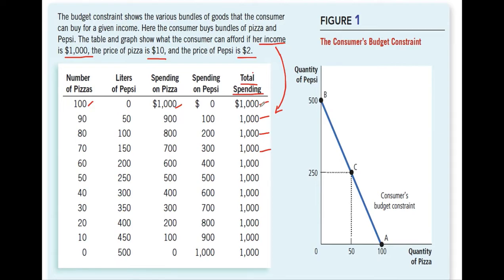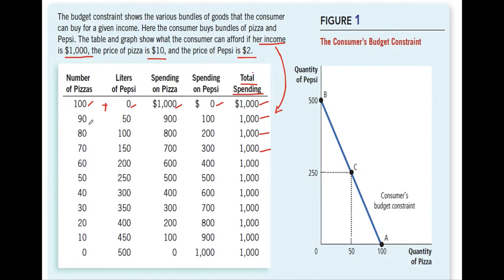So there is no money left to buy Pepsi. So the number of liters of Pepsi would be 0, and the spending on Pepsi would be 0. So 100 pizzas plus 0 Pepsi is one possible combination for this consumer.